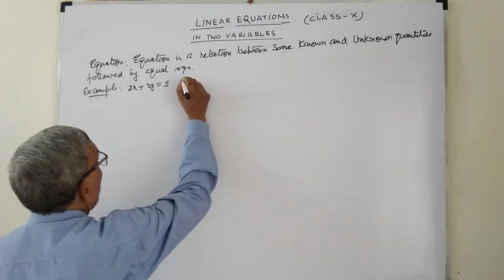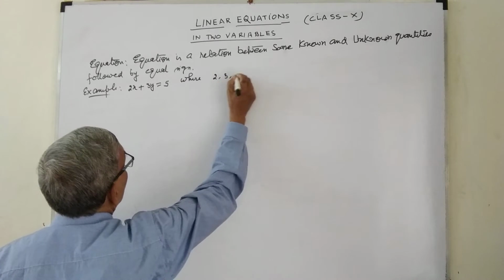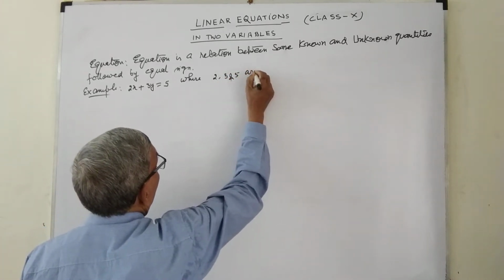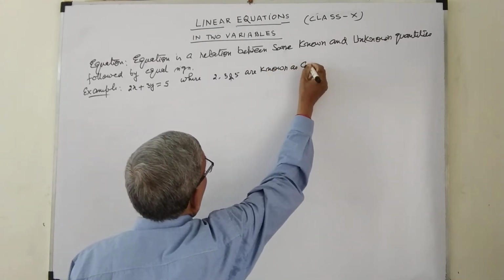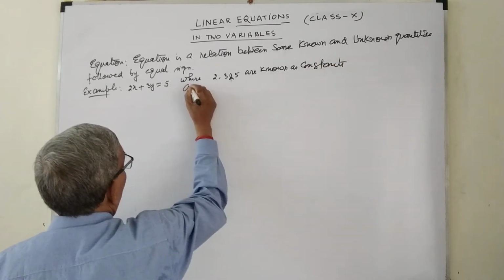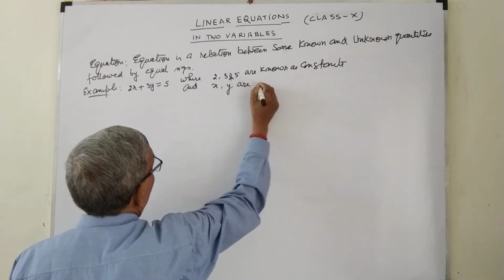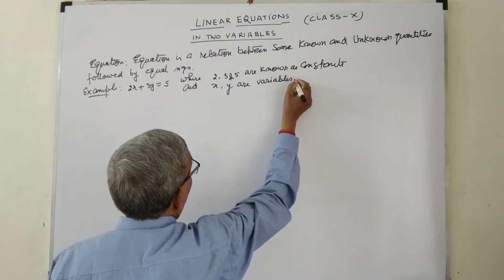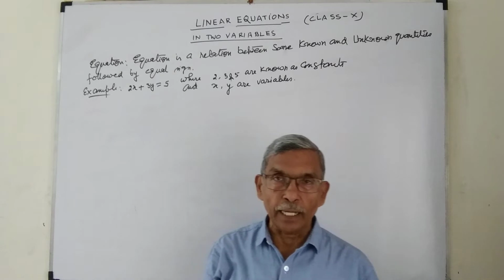Where 2, 3, 5 are known as constants and x, y are variables. So why these 2, 3, 5 are known as constant?